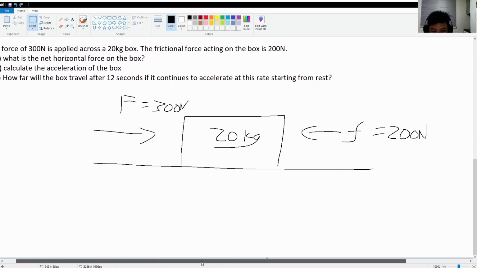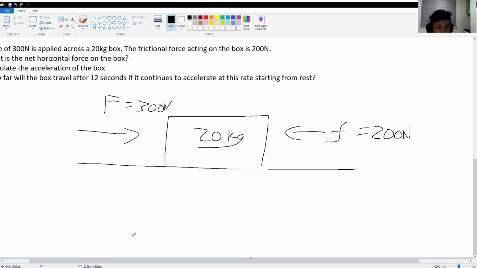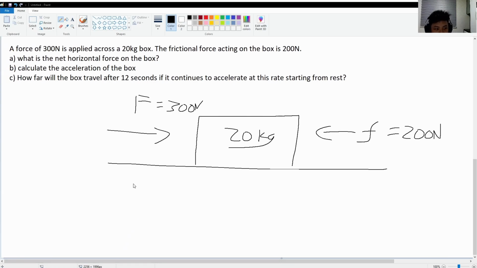The given is V initial is 0, and the time is 12 seconds. So this wants to find d.